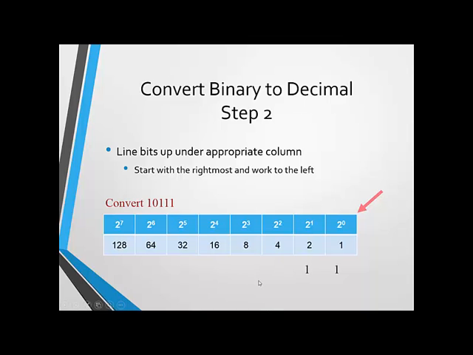And we're just going to keep going, lining things up. We have a 0 in our 8s column. And lastly, a 1 in our 16s column. Again, we don't need to fill in these other digits because we know the zeros are the same as nothing. Okay, so we've lined up our binary number under our powers of 2 columnar values so that we're ready to convert this number to its decimal equivalent.